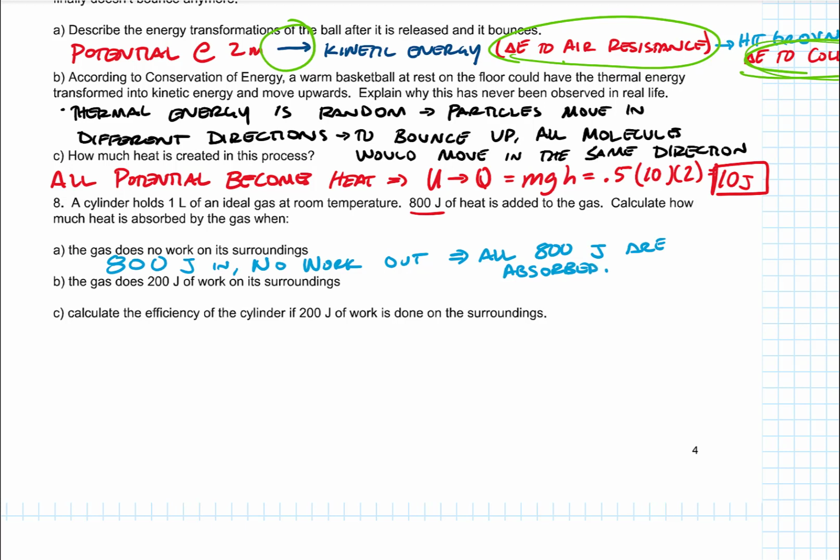So we dump in 800 joules of heat, but we don't let it expand, we don't let it push anything, and it's just going to absorb all that heat energy. It's going to stay inside of the gas.